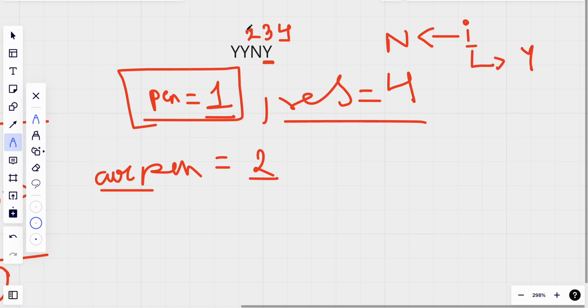To calculate the penalty at index 2, we take the value here, which is n. Since this value is n, we reduce 1 from our current penalty. Why are we doing that?